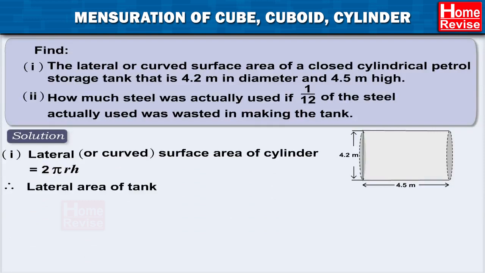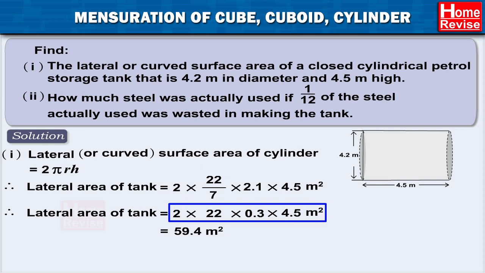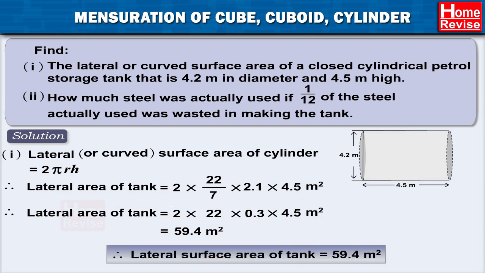Therefore, lateral area of the tank is equal to 2 × 22/7 × 2.1 × 4.5, which is equal to 2 × 22 × 0.3 × 4.5 meters square, which is equal to 59.4 meters square. Therefore, the surface area of the tank is equal to 59.4 meters square.